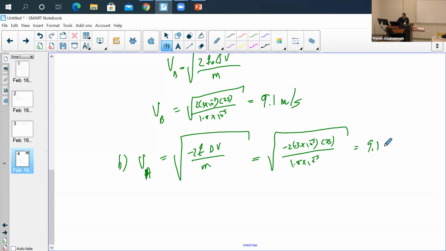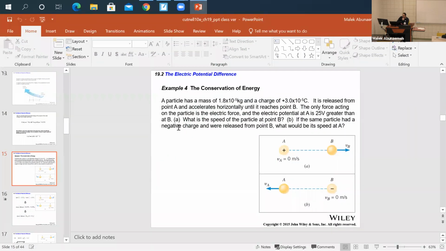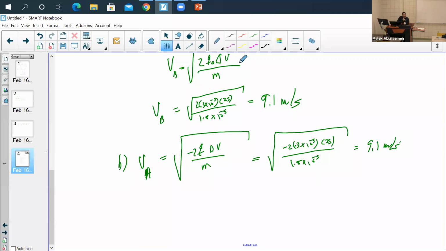So you still get 9.1 meters per second. The reason we put a negative is because the question said the same particle had a negative charge. I just noticed that when I read the question.